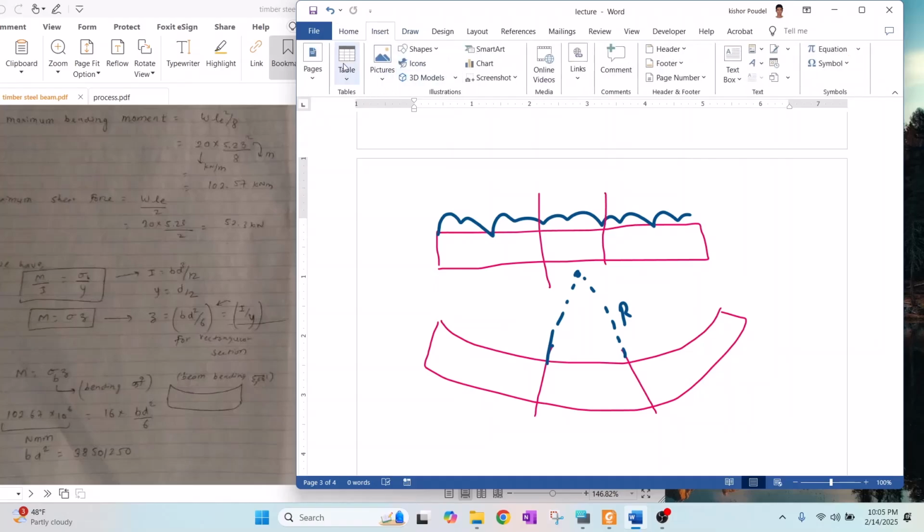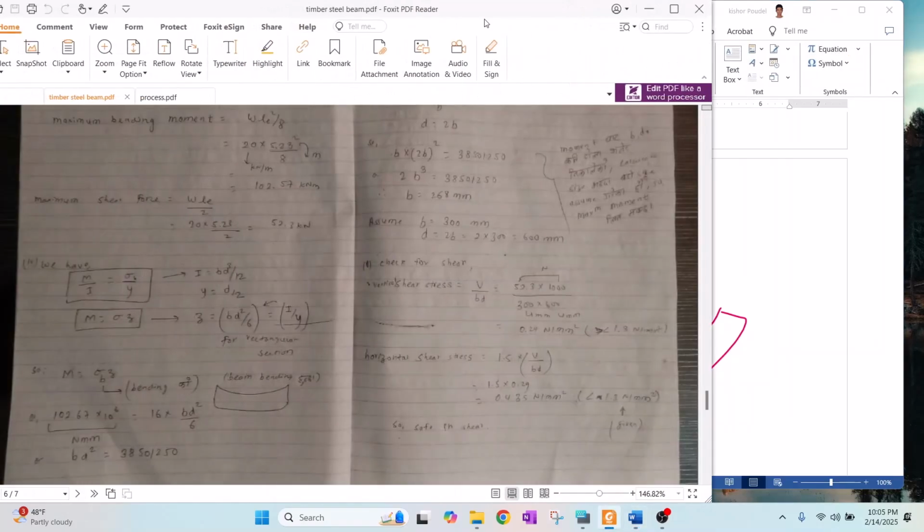So we can use this equation, and for a rectangular section, the second moment of area I is equal to bd cubed by 12, and y, as I said earlier, is the distance from neutral axis to the bottom fiber of the section, which is d by 2, as d is the whole depth of the section.